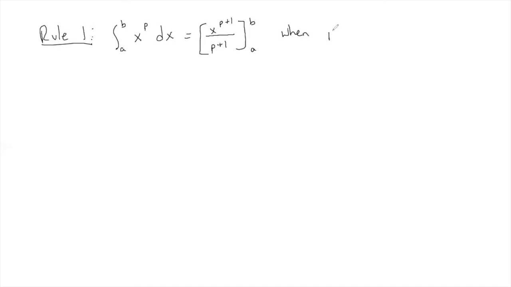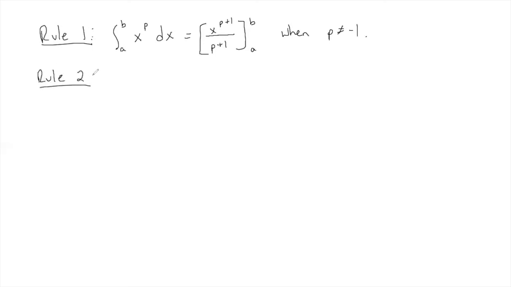So let's have a big collection of rules. Rule 1 was the reverse power rule. This is the one that said the integral from a to b of x to the p dx is equal to x to the p plus 1 over p plus 1 evaluated on a to b when p is not equal to -1.